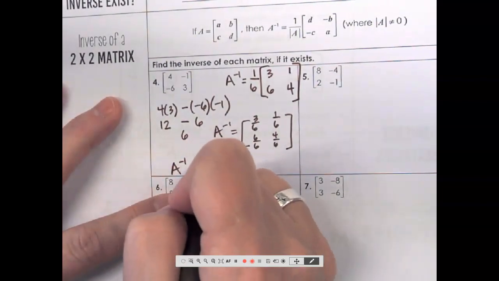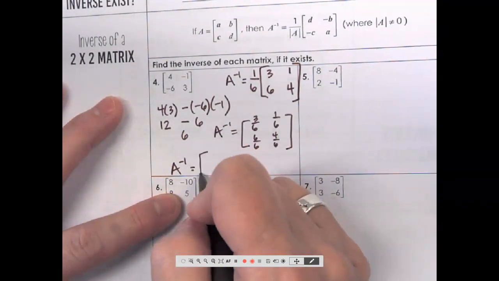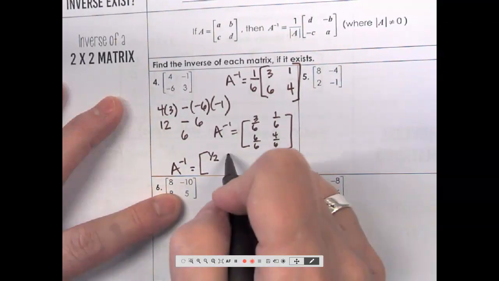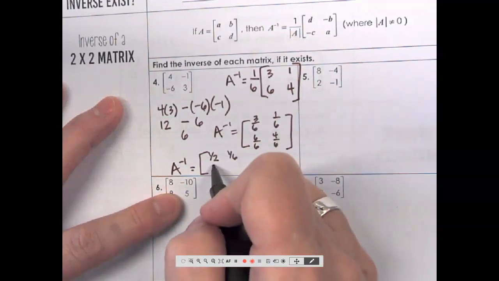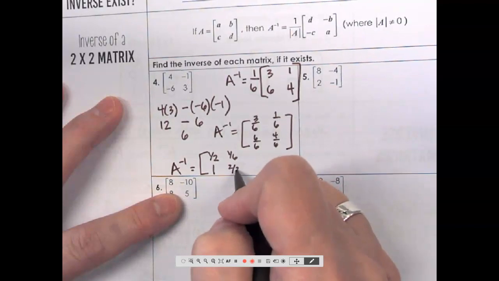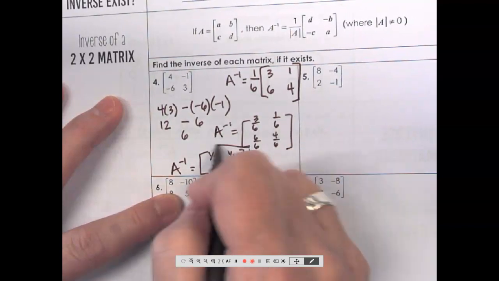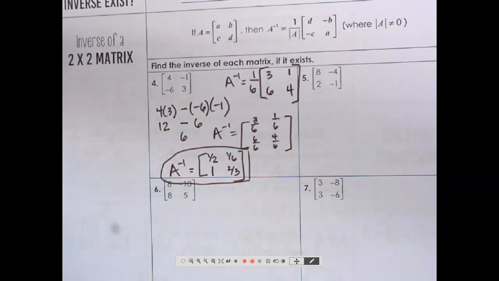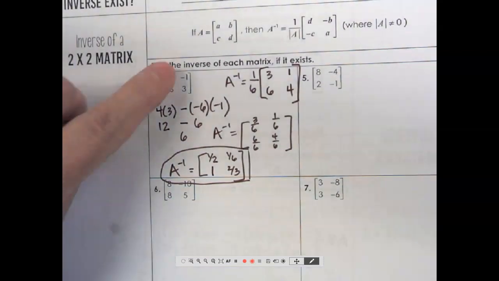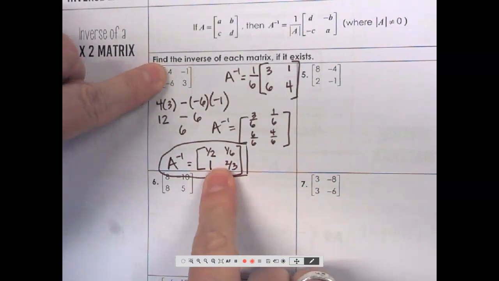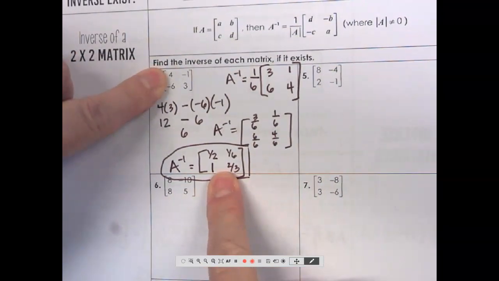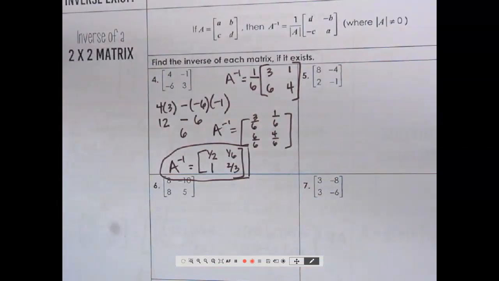So A inverse will be 1/2, 1/6, 1 and 2/3. And that's how I find the inverse. So if I were to multiply the original and this one, what would I get? 1, 0, 0, 1. Okay? All right, let's do 2 more, and then I'll get the homework to you.